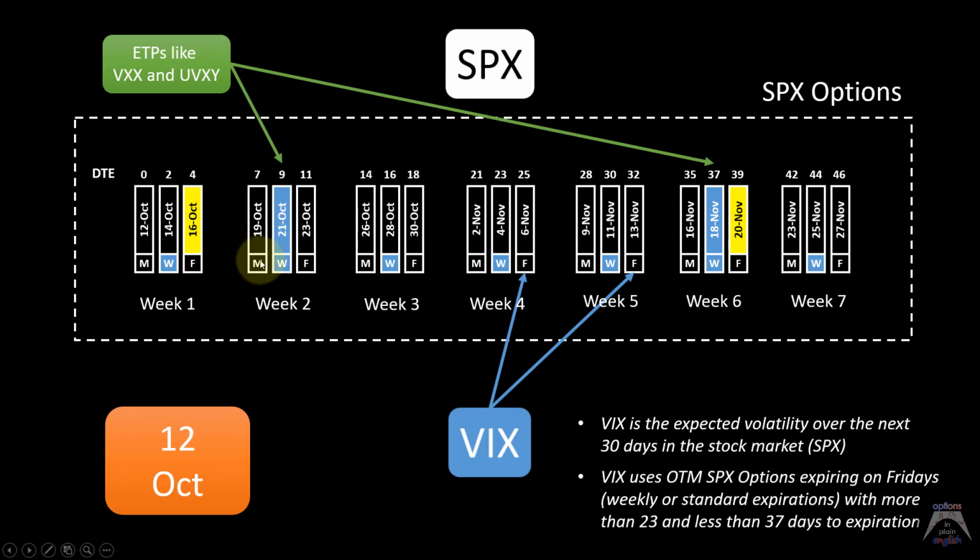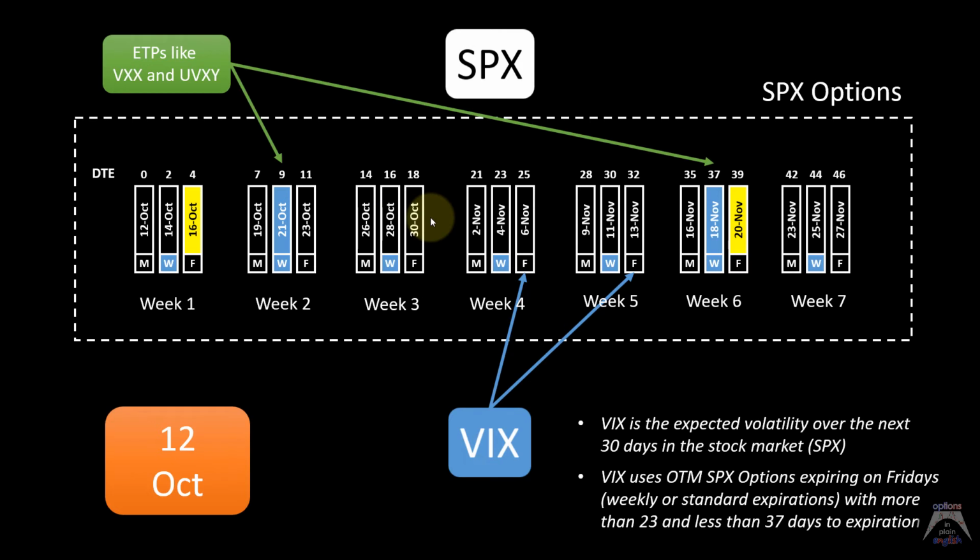Of course, when you sell something expensive and buy something cheap, this is going to be a tailwind for our fund. This is going to generate better results. So just as a comment, exchange traded products, ETFs and ETNs, use futures, and they use futures that are standard expirations. They don't use any weekly expirations.